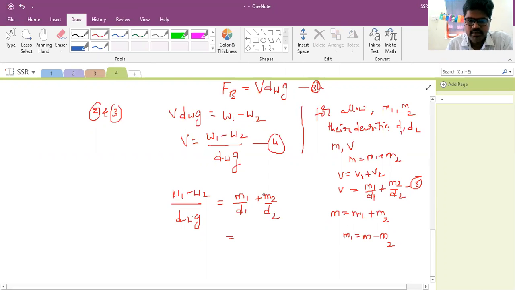Then M we can find, and from that you can find m2. So with (M minus m2) by D1 plus m2 by D2, you can find the impurity mass value. That is the fourth application, the amount of impurity.